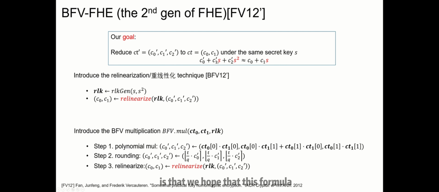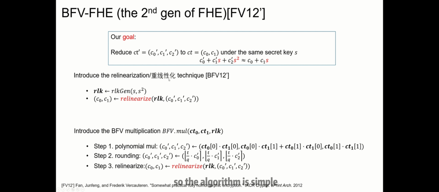We hope that this formula holds: C0 prime plus C1 prime s plus C2 prime s squared is almost equal to C0 plus C1 s. And this reduction is realized by what we now call the relinearization technique, which was invented in the BFV paper. And nowadays we call the BFV scheme the representative of the second generation of FHE.